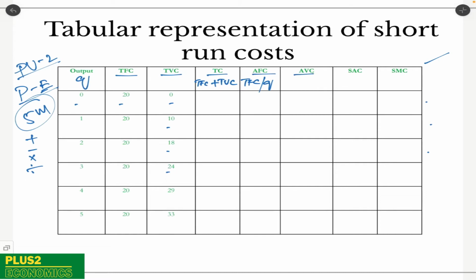AVC stands for average variable cost, so it is total variable cost divided by Q. Then we have SAC, that is short-term average cost, and the formula for that is total cost divided by the quantity. Then SMC. SMC stands for short-term marginal cost, and the formula for that is TCn minus TCn-1.